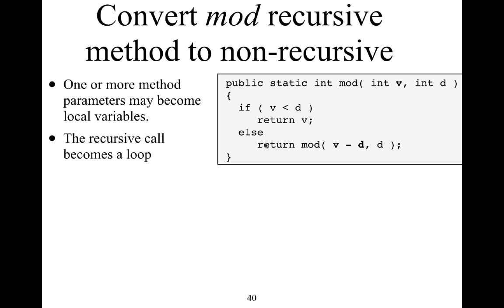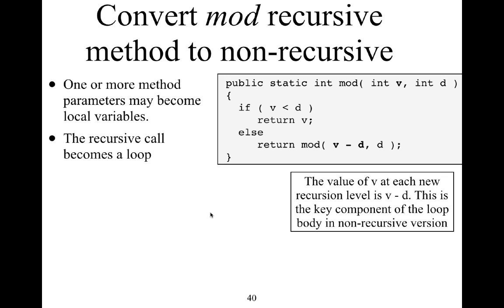So here's our tail recursive version. The value of v at each new recursion level is v minus d. And this is the key part of the loop body in a non-recursive version.